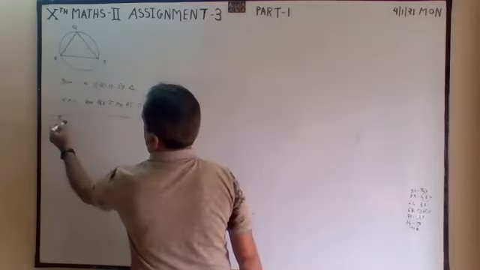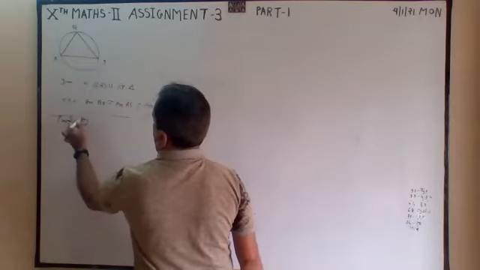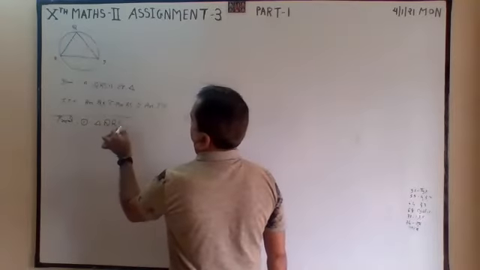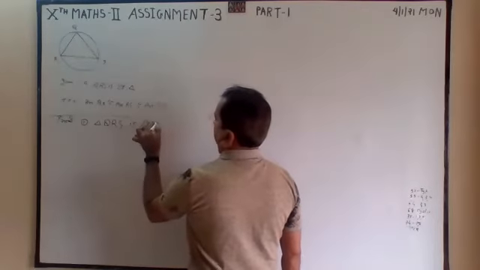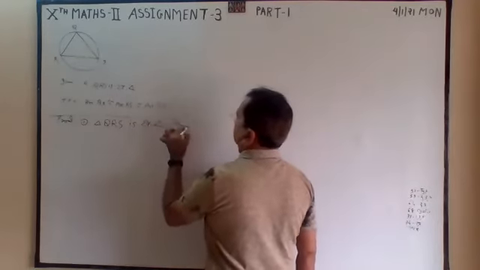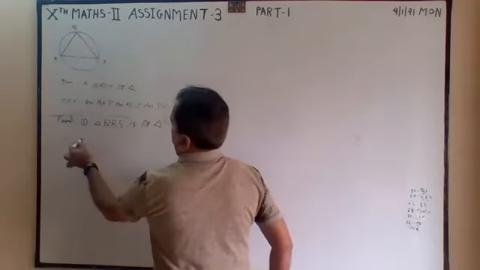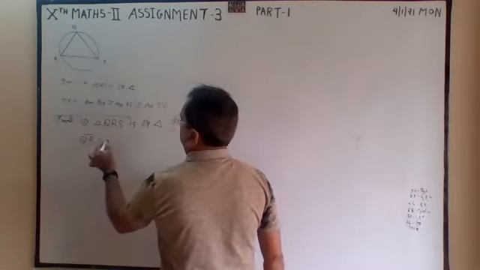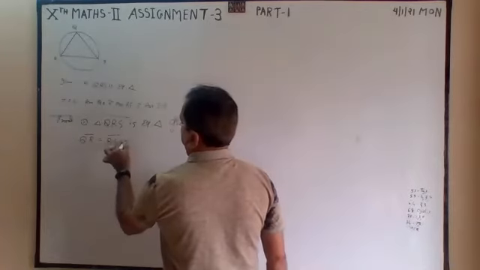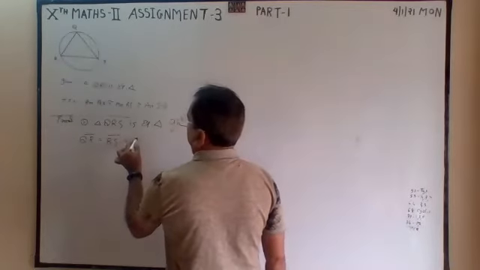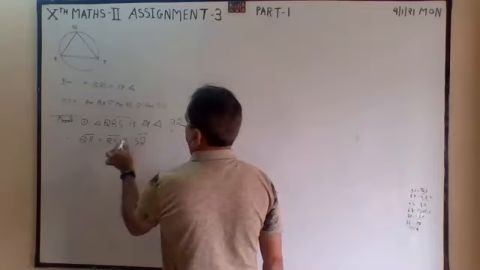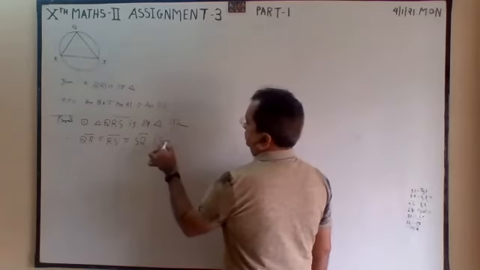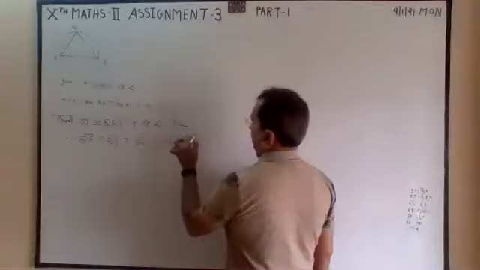Proof. First, triangle QRS is equilateral triangle, given. Therefore, chord QR is equal to chord RS is equal to chord SQ. You can say congruent or equal. Side of equilateral triangle.